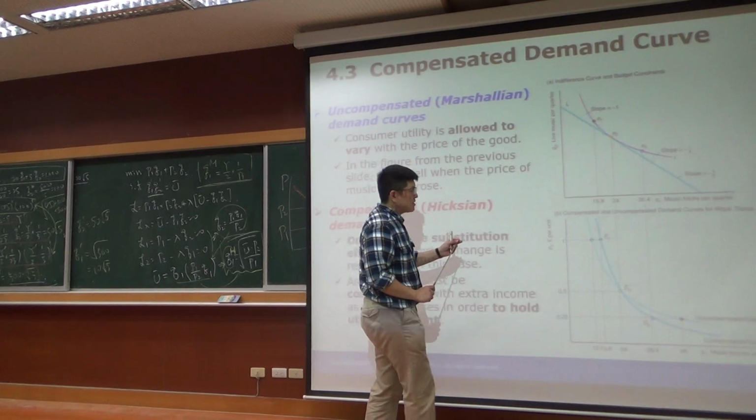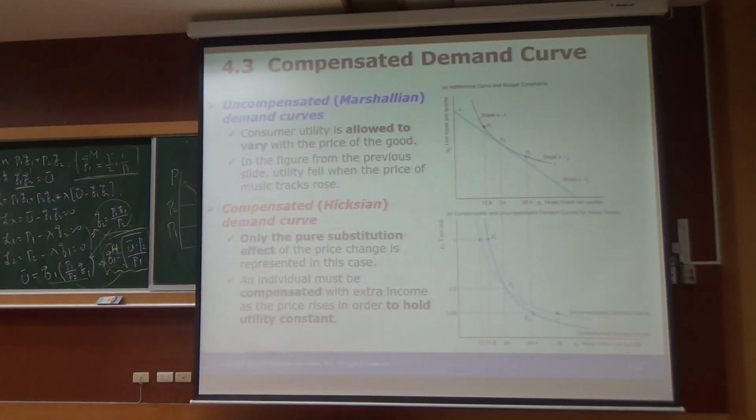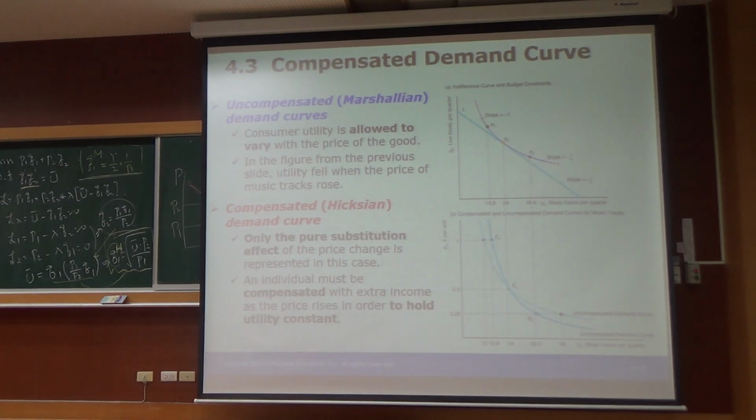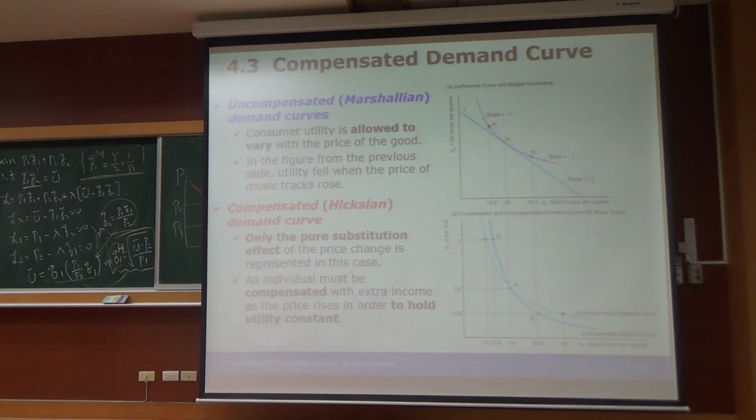All right, let's have a look at this. Which one do you think, the steeper demand curve or the flatter one, corresponds to Marshall, and which one corresponds to Hicks?